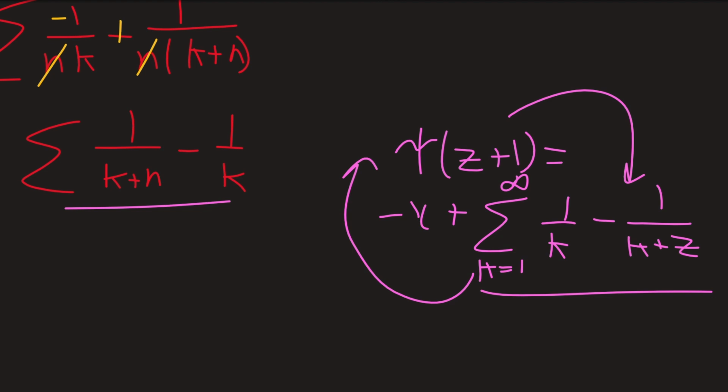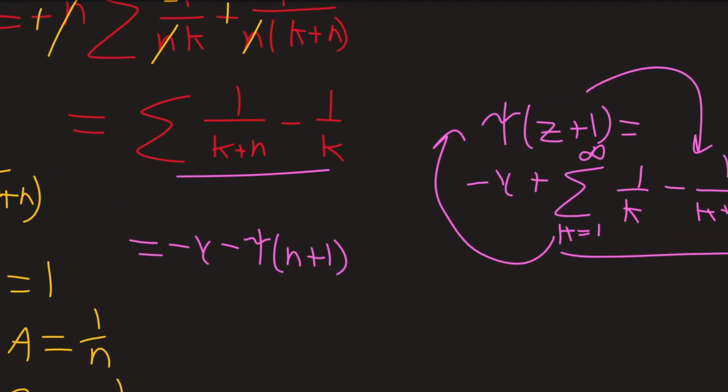So doing that, we find that our sum is equal to negative gamma minus the digamma function of n plus 1. And that right there is just our answer.